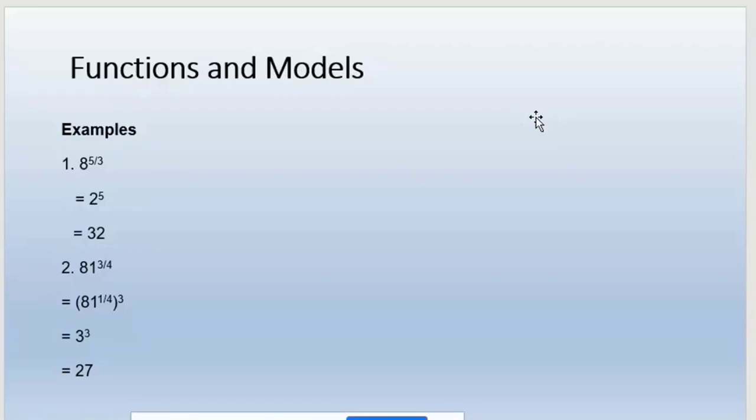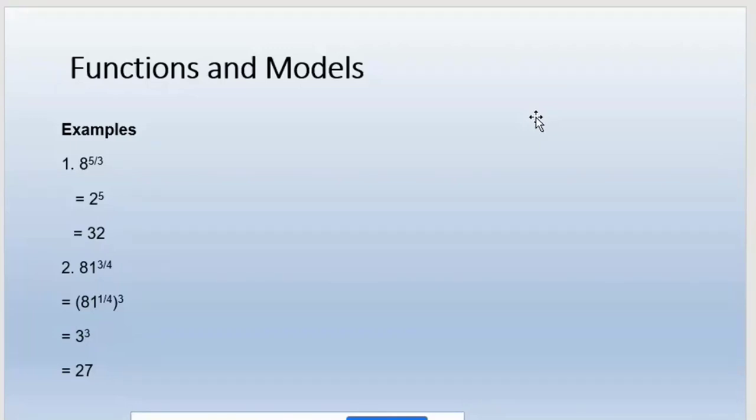Why? Is it clear why we are writing 2 to the power 5? Yes, because you would take the cube root of 8 to get 2. Okay, thank you.